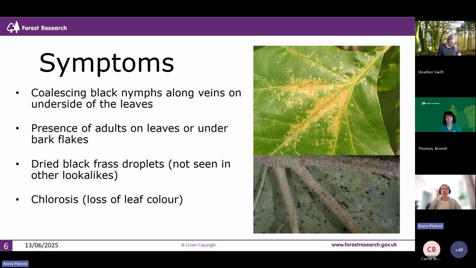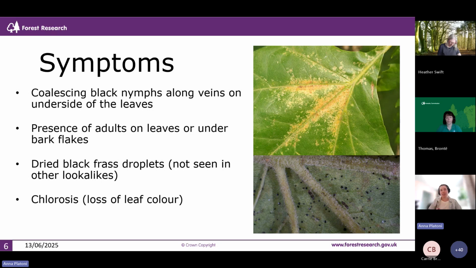And one of the most useful things about this as a diagnostic feature is, aside from it not being produced by the leafhopper lookalikes, it also can stay on the leaves for a long time. Quite persistent, even maybe into the autumn. And of course, once leaves have fallen, that can be a bit easier to survey. So picking up leaves to take a look to see if there are any of these black frass droplets that have persisted.